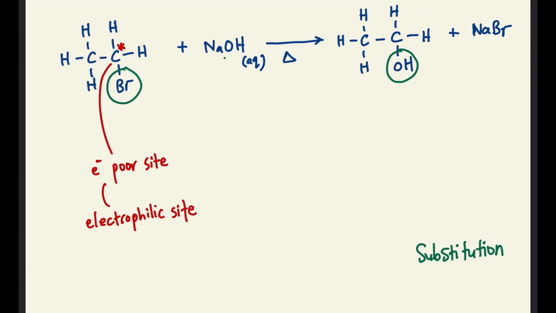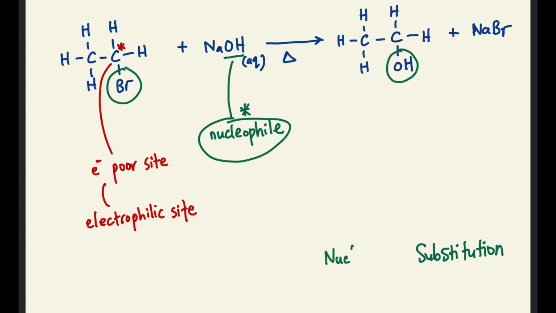Therefore, the hydroxyl group attacking our electrophilic site is a nucleophile. So, nucleophile is the species that is responsible to give our name for the type of reaction, nucleophilic substitution.